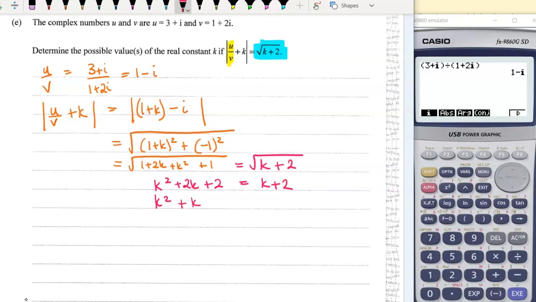The 2 minus 2 cancels, so now that's equal to 0. So k factorizes out like so, and k is equal to 0, or k is equal to minus 1. And I'm just going to double check if there's any restrictions in the question. We haven't got anything like k has to be greater than 0, so those are our two solutions as our final answer there.